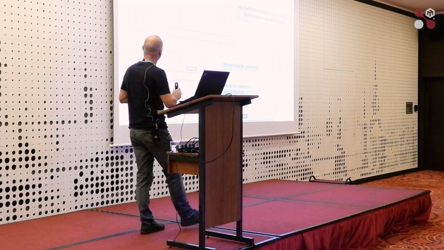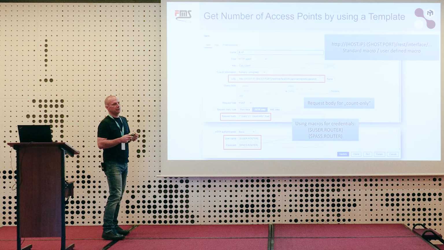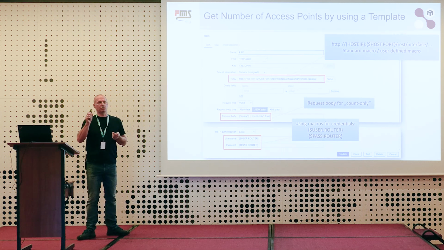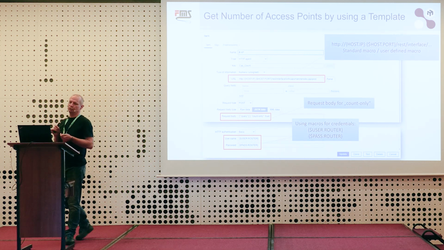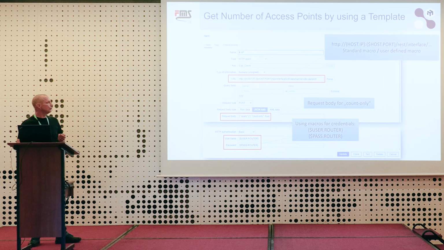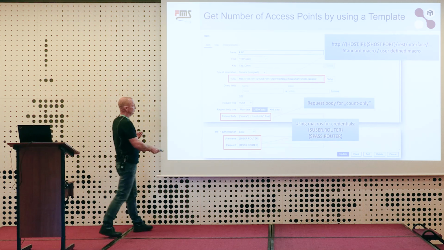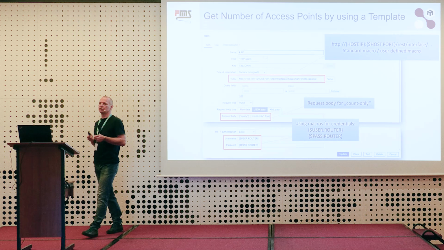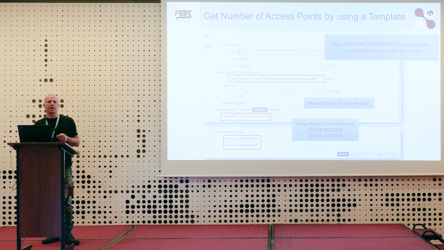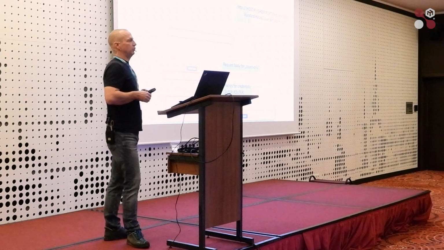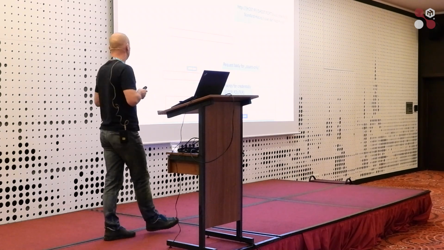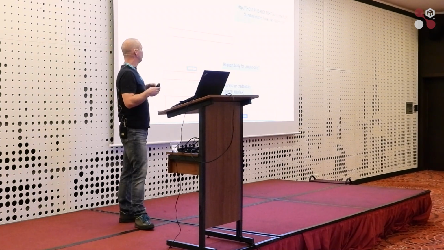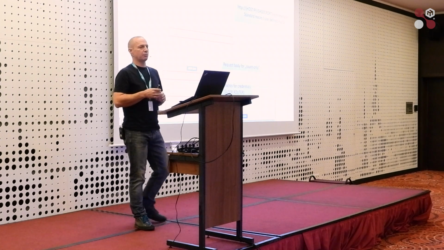Standard macros, like {HOST.IP}, which is the IP address of the host a template has been assigned to. And there are also user-defined macros. That's what you see down here with the $ sign. For example, the credentials we need to access the API for a given host. And you're responsible for making the user-defined macros available. The standard macros are available from Zabbix directly.